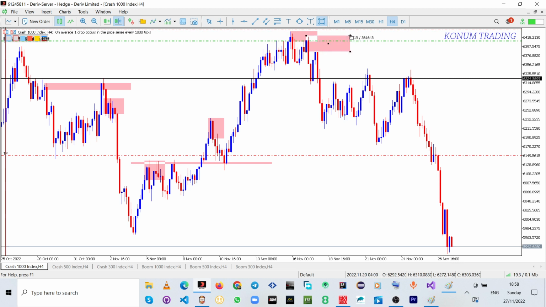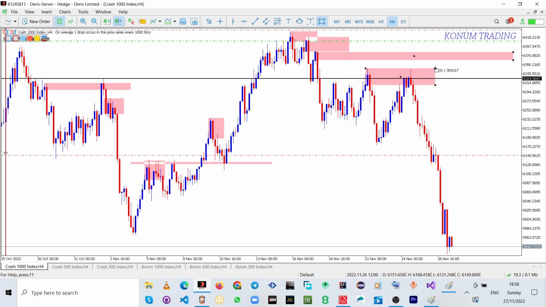So the next one was this one right here. It's painful that it didn't really touch it. As you can see, there's some space, some gap here. So your trade won't be triggered right here, but then you move on to the next one. This one is still waiting to be triggered. Then we move on to the next one right here.